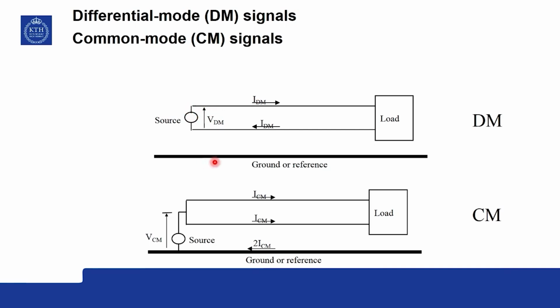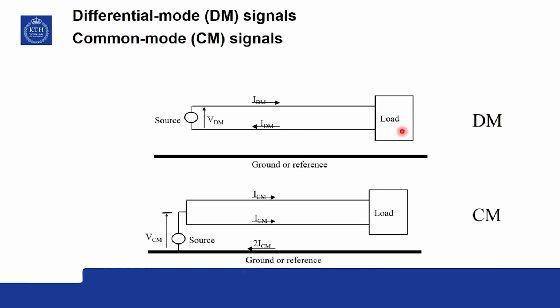This is a ground plane, but it could also happen that you have electromagnetic fields coming from some other direction and falling on this circuit. Then you create a potential difference between your lines and the ground because of the interaction of the electric and magnetic fields, and that will drive some net currents.